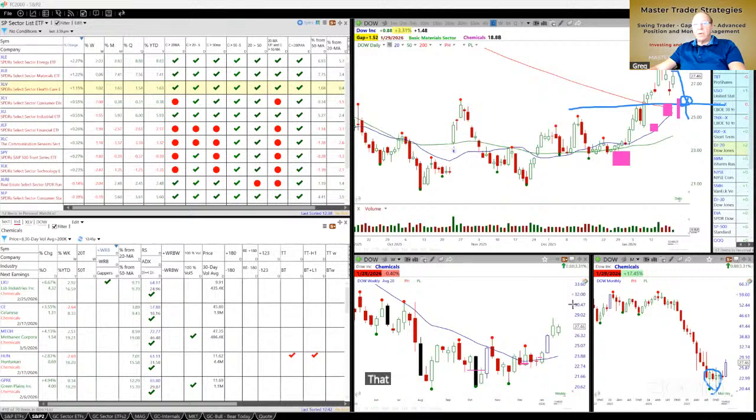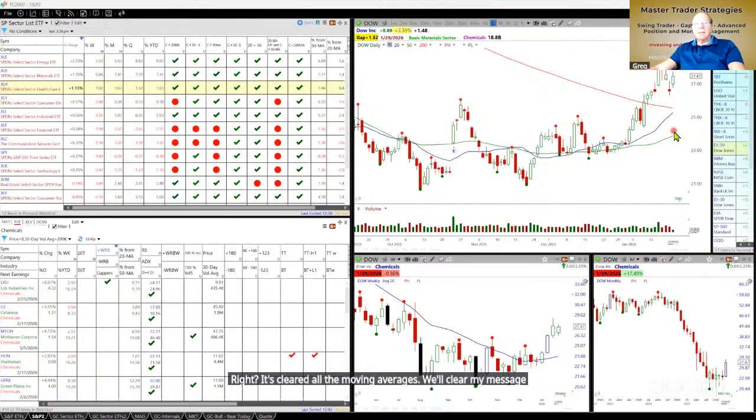That is a trading plan. That's rules, meaning if something has bottomed out and now the daily chart is in an uptrend, and in this case, it's above all the moving averages, right? It's cleared all the moving averages. Let me clear my messy chart there. That tells me I now have a bias. I have a bias that I should buy Dow Chemical.